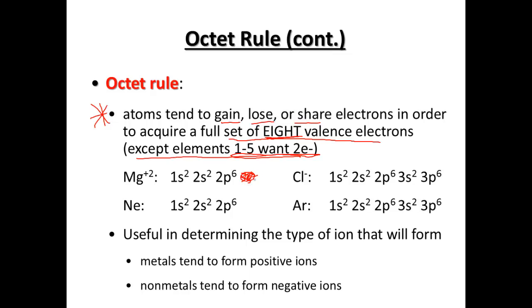It wants to lose those 2 electrons to become a +2, and then it's going to end up looking like neon. Chlorine starts out at 3p5, so 2 plus 5 is 7. It wants to gain an electron so that in the end it's a negative charge. This is useful for determining what type of ions we're going to form. Metals tend to form positive ions. Nonmetals tend to form negative ions.